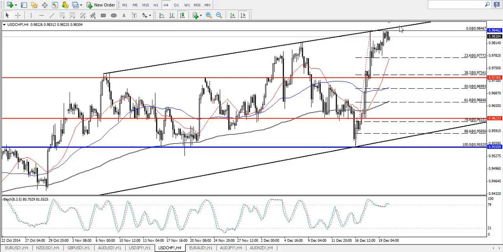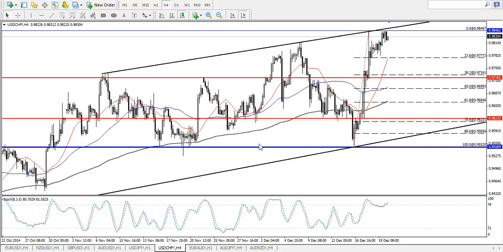So if it touches the top, there's a reversal and there's a confirmation, you may want to go for a short to trade the retracement. But the first key level to look out for is at the retracement level of 38.2%, price of 0.9734. Right, so that's for the dollar against the Swiss franc.